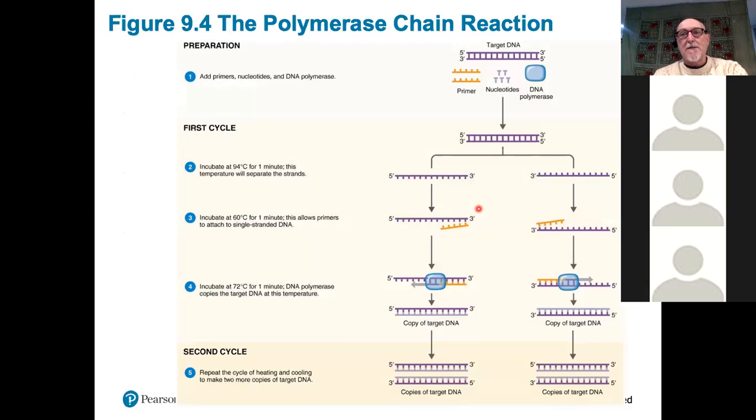First of all, it utilizes a DNA polymerase which is very specialized. It's a DNA polymerase extracted from a bacterium that lives in hot water springs. Under normal circumstances, most DNA polymerases, which are enzymes and proteins, are very sensitive to temperature and denature at higher temperatures.